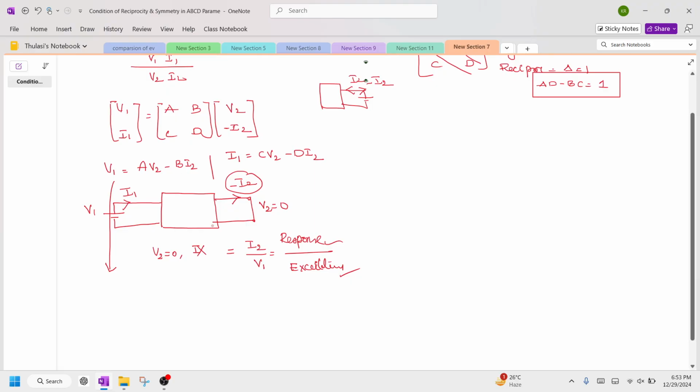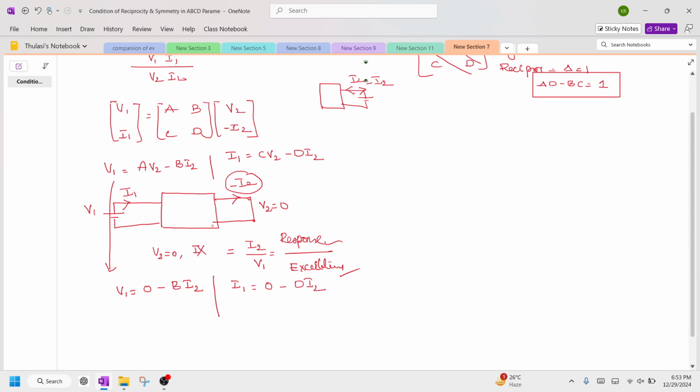Here V1 we write directly, and V2 is 0. Therefore it becomes 0 minus B into I2. The second equation is I1 is equal to C into V2, which is 0, minus D I2.